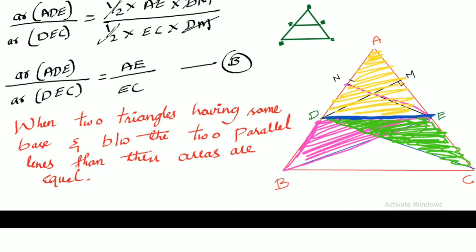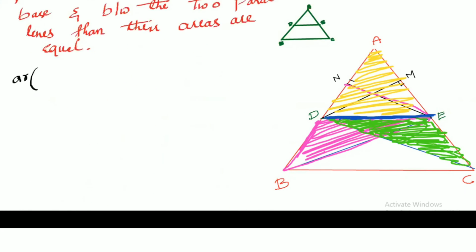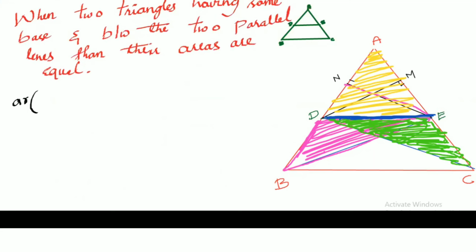So from this argument, we can write that area of triangle BDE is equal to area of DEC, because they both have the same base and are between the same parallel lines, so their areas will be equal.